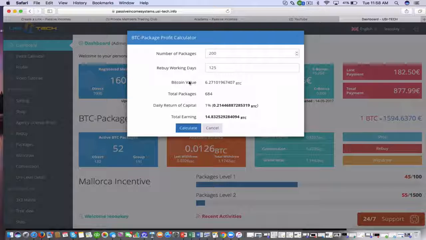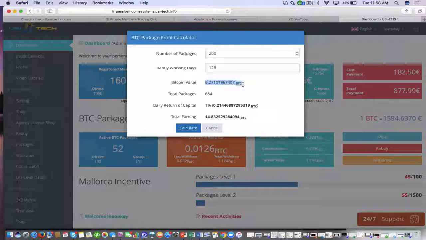So what it's done is amend the Bitcoin value right here. And if I just show you what that relates to, that's 6.2710. And if we said today's value of Bitcoin was $1,600, it's going to equate to $10,033.